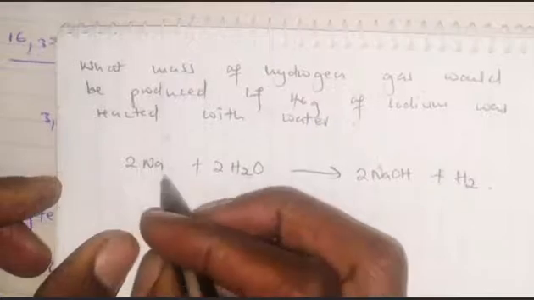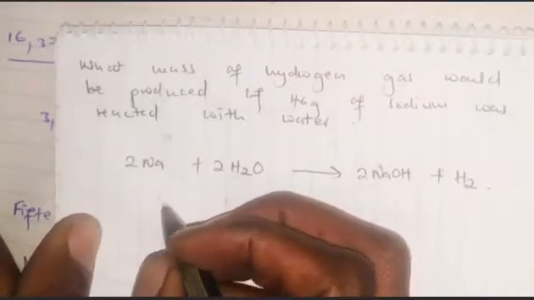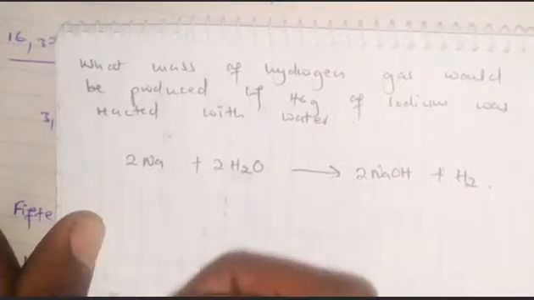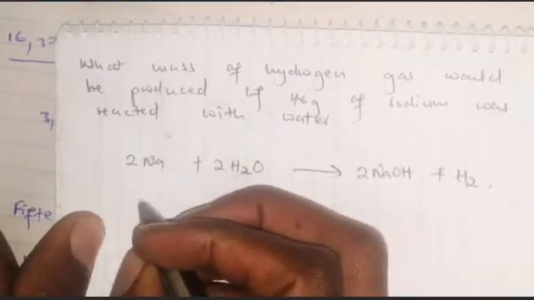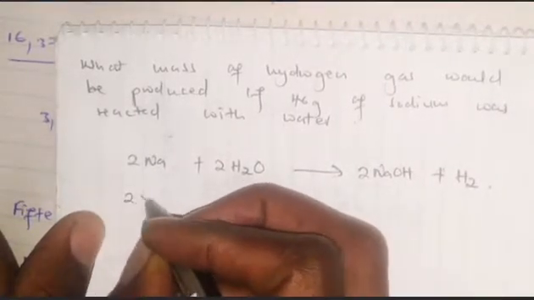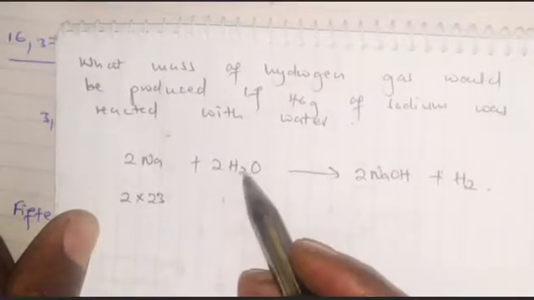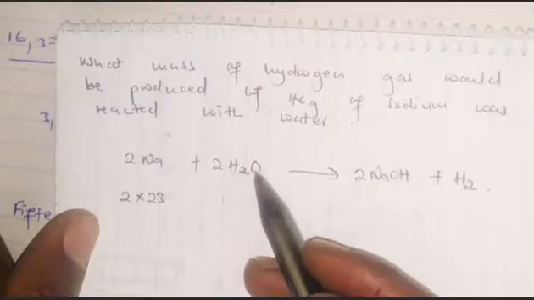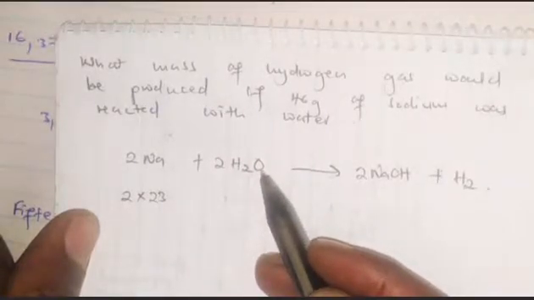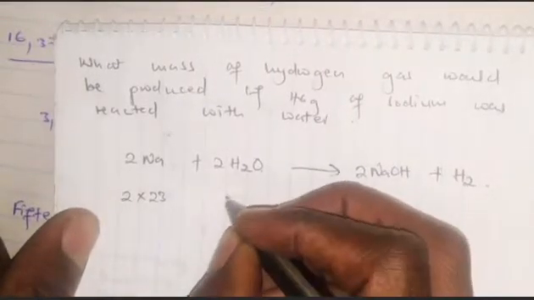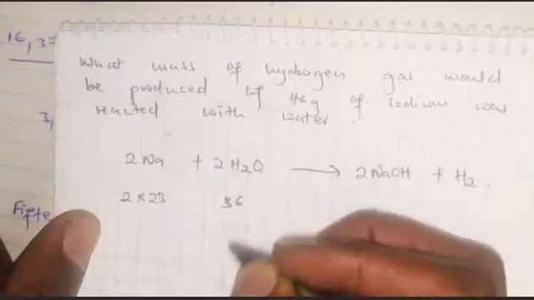Here sodium has 23 grams, that's the atomic mass of sodium, so 2 multiplied by 23. Then water has hydrogen, which has 2, plus oxygen, which has 16. That makes it 18. So 18 multiplied by 2 gives us 36 grams of water.